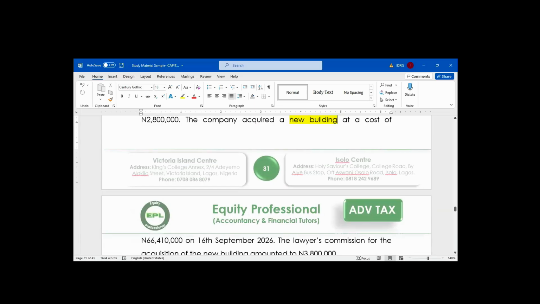When you acquire a building, the lawyer commission you pay at acquisition, you add it to the cost.